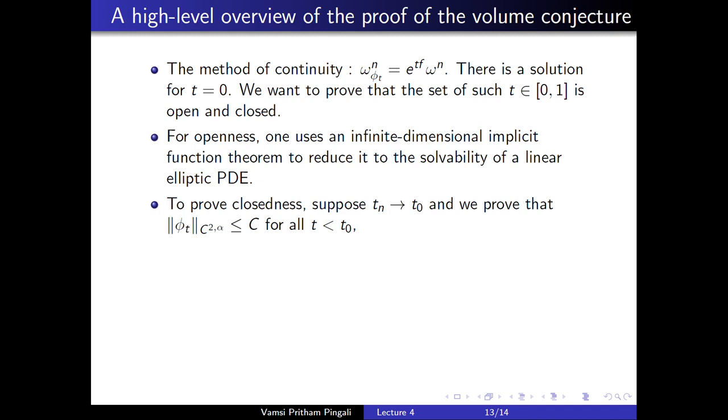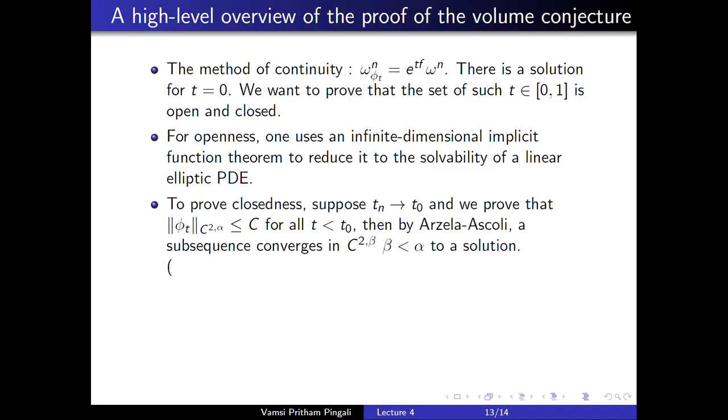So if we prove that estimate, then you can do it as an exercise to show that by Arzelà-Ascoli, a subsequence of the phi_{T_n} converges in C^{2,beta}, where beta is less than alpha, to some function. Since this is a second order PDE, all the second derivatives converge pointwise. That means the resulting function solves the PDE.